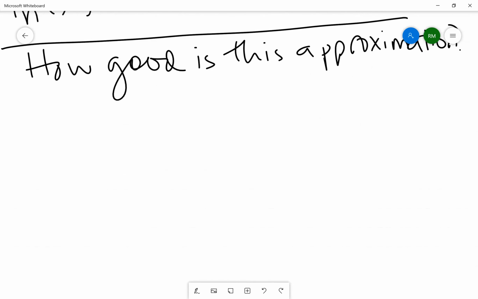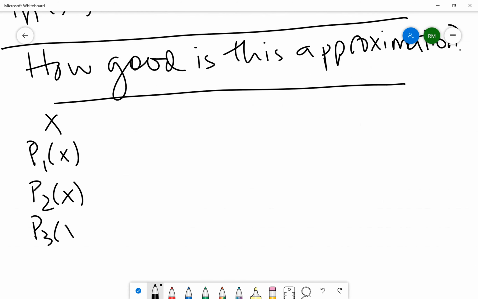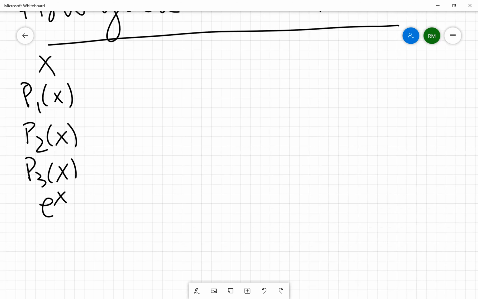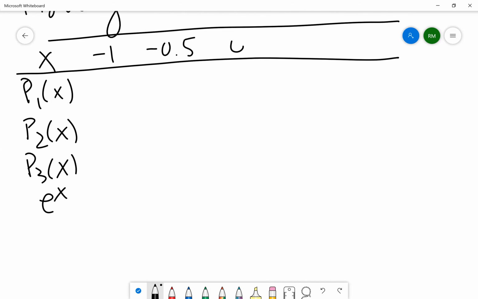So let's make a table, and we're going to have our x values and our values of our different polynomials to see how good a job we did. Okay, so let's have -1, -0.5, 0.5, and 1.